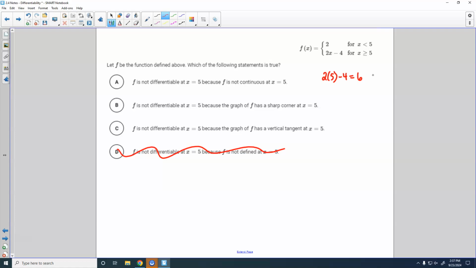So is f continuous at 5? No. So right here is our answer for that. It doesn't matter if it has a sharp corner or vertical tangent. It can't really have either one of those things because it's not even continuous. So A is going to be your answer for that. Okay?